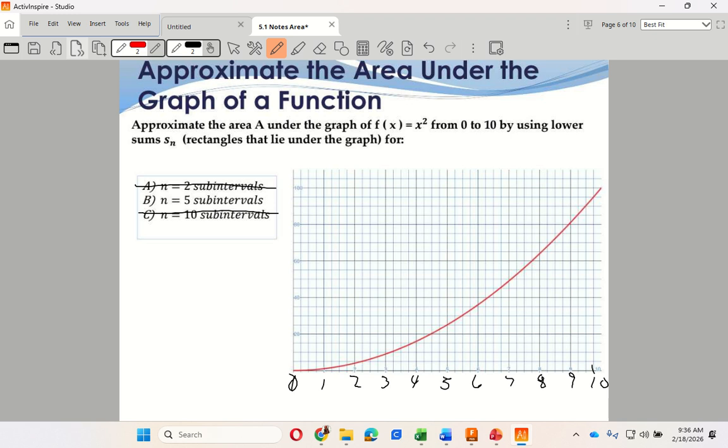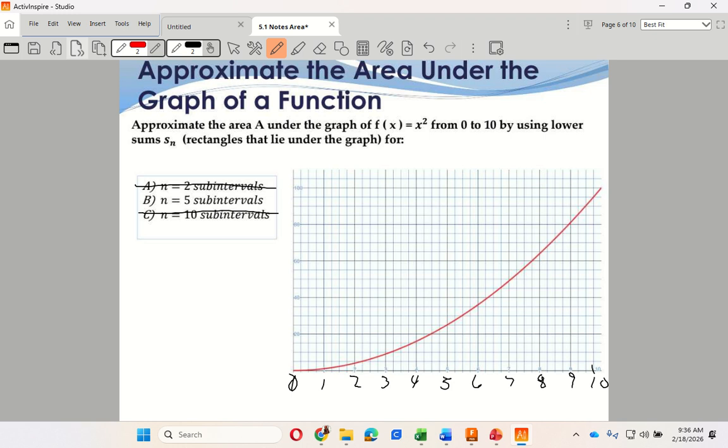It's correct. But I'm trying to get you guys to make a formula out of this. That's the whole width, right? And how did we get that on our previous problem? B minus A, right?